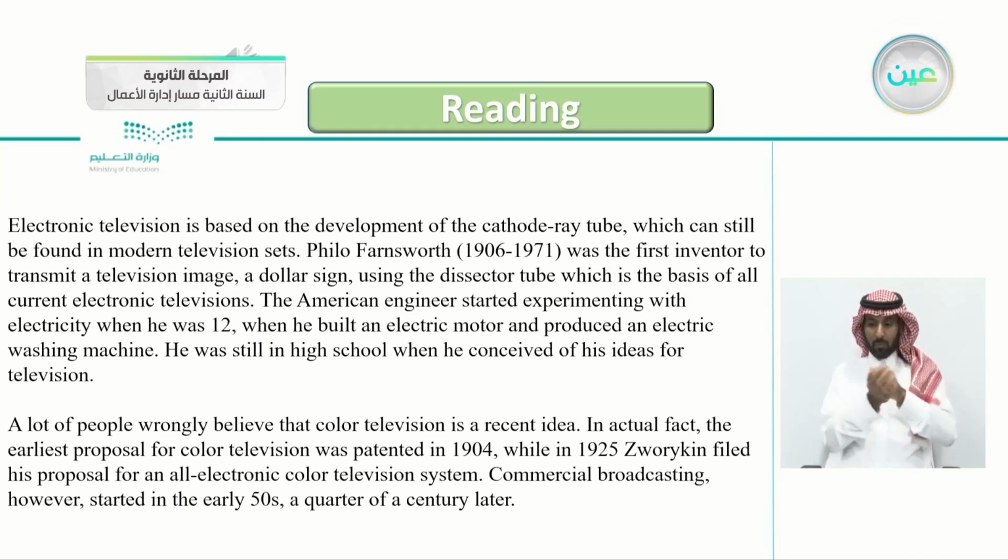He was still in high school when he conceived of his ideas for television. A lot of people wrongly believe that color television is a recent idea. In actual fact, the earliest proposal for color television was patented in 1904, while in 1925 Zworykin filed his proposal for an all-electronic color television system. Commercial broadcasting, however, started in the early 50s, a quarter of a century later.